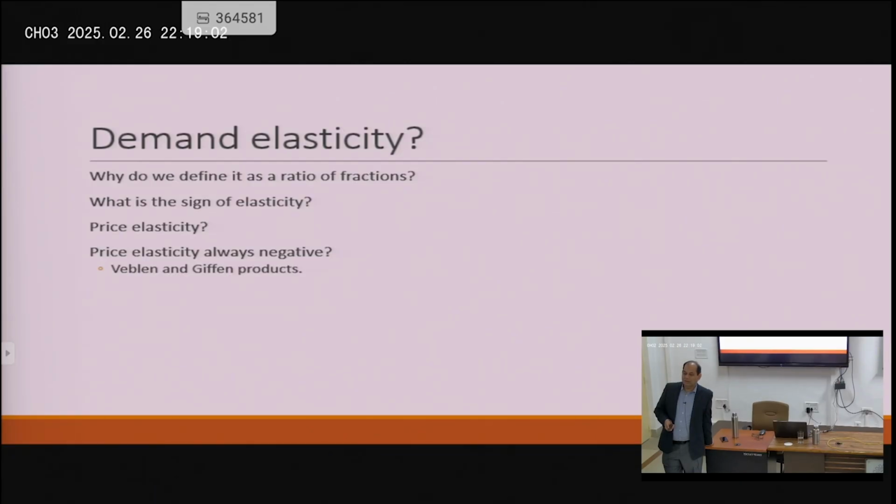So there will be some goods wherein, for example, when the income increases, the consumption reduces. Like in economics, we say that, for example, a person who is eating a bread made of maida or refined wheat flour will prefer bread made of multigrain or wheat when his salary increases, because that gives him more nutritional value.